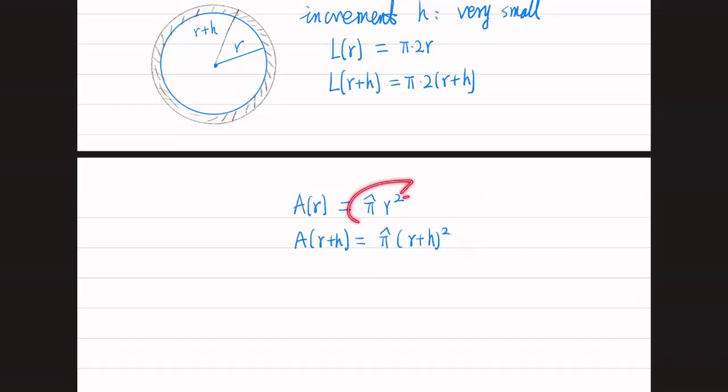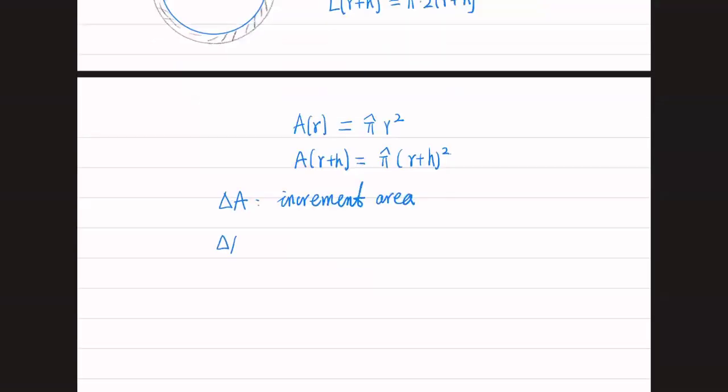Smaller one, we have a formula. Then this should be the difference. That's what we want. So we will use this delta A for the increment. And we know this will be the difference of the two areas. And plug in the formula.